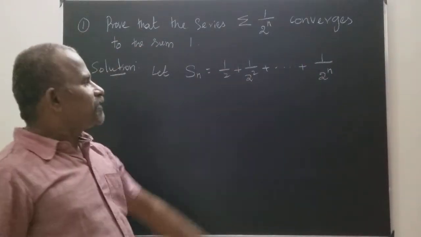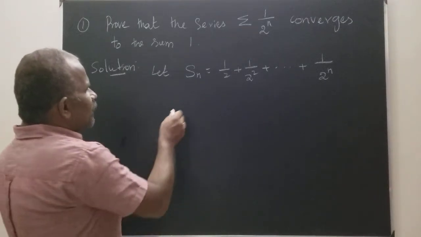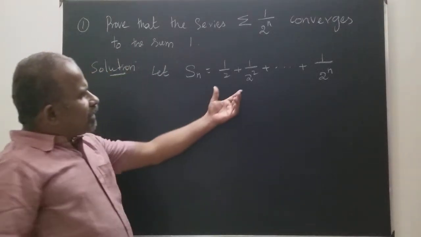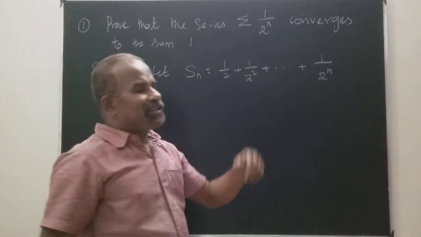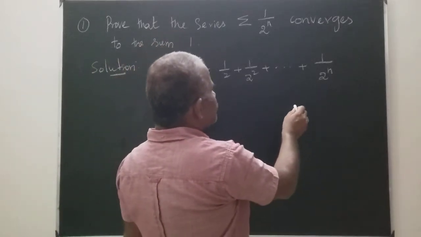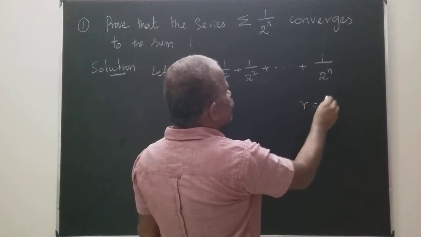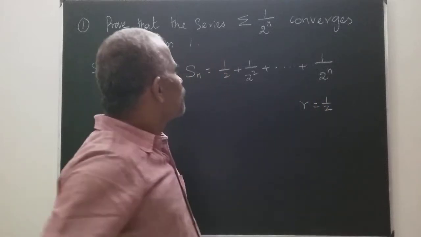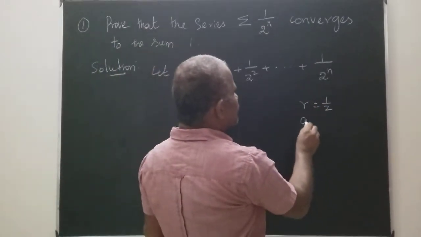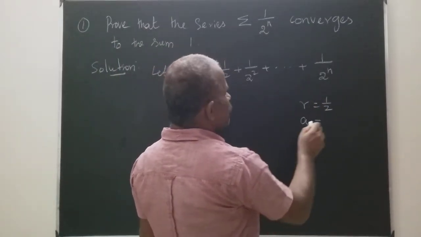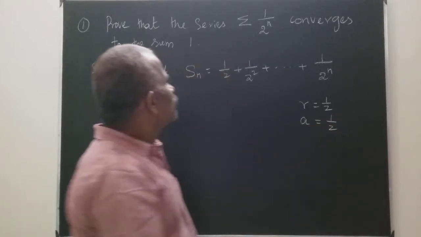There are n terms. So this is a geometric series. Common ratio is equal to 1 by 2. First term of the series is again 1 by 2.